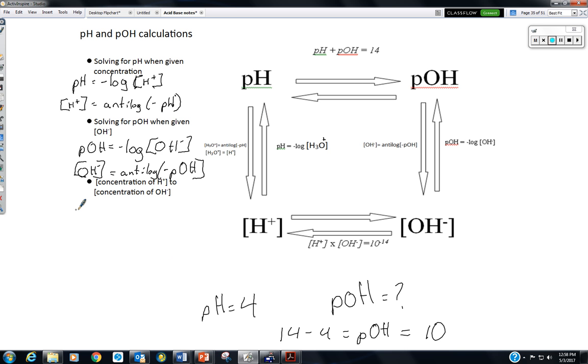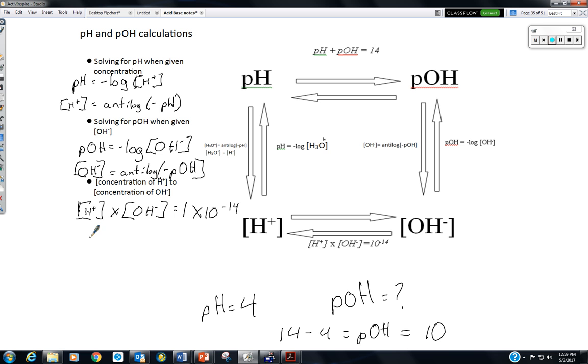So when we're dealing with concentration, we have discovered that the concentration of hydrogen times the concentration of hydroxide gives us a number of 1 times 10 to the negative 14. And one of the things to recognize about that negative 14 is that it's the basis of the 0 to 14 for the pH scale.